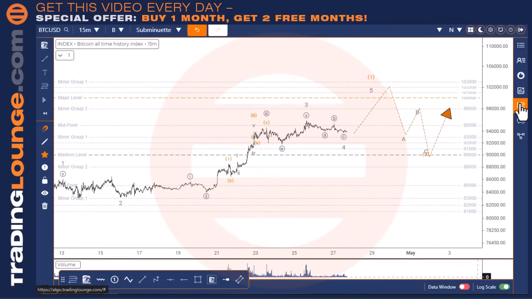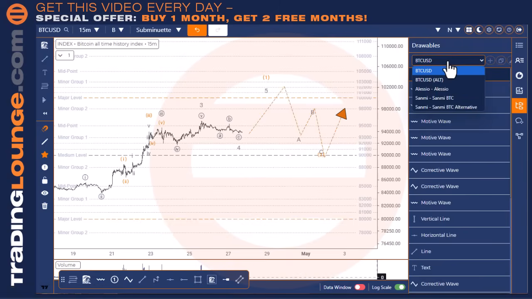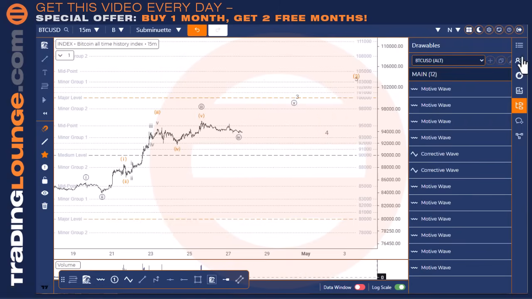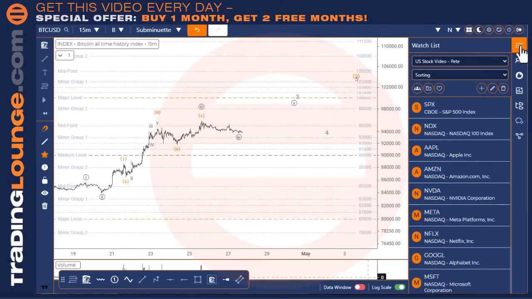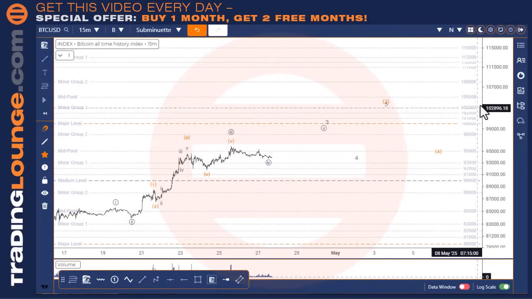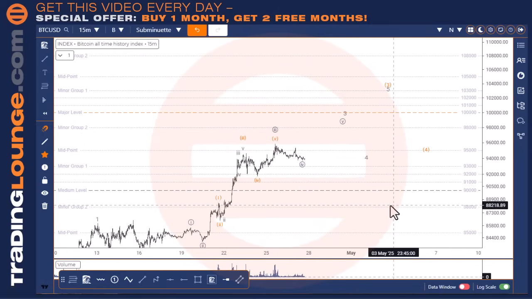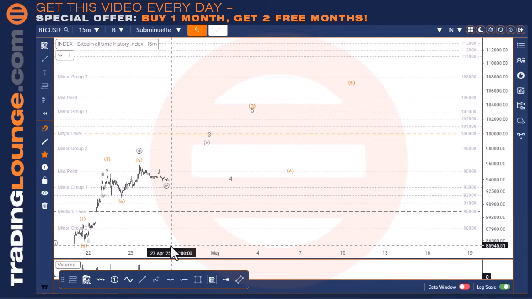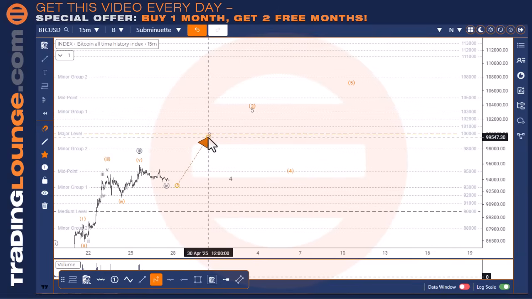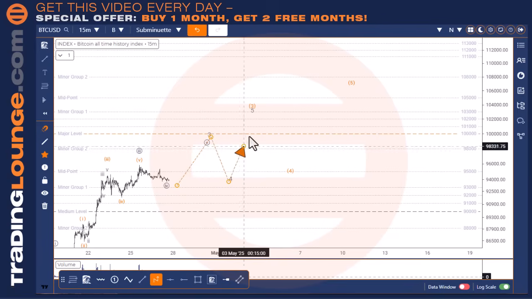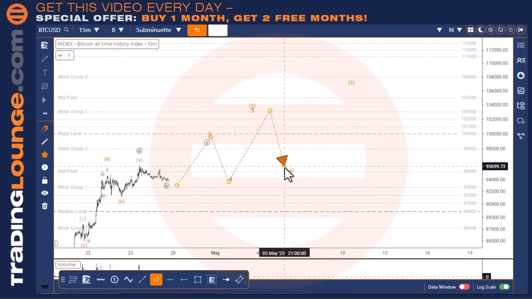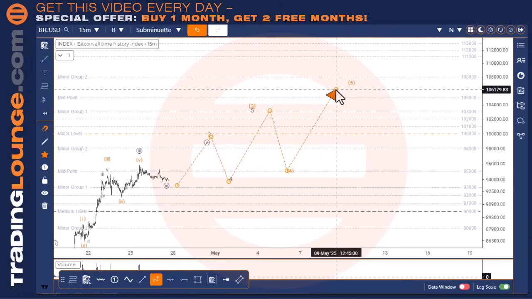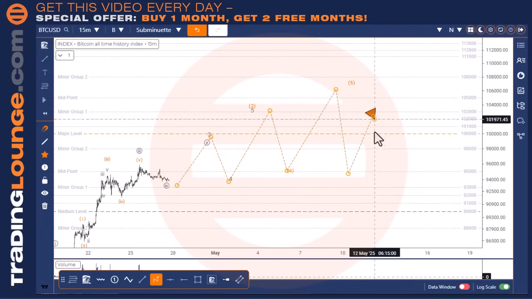So on the alternative count for BTC, I've got it a little bit different here. It goes up a little bit higher, going up for 3, 4, 5, 4 and 5 here, so a bit more to the upside.